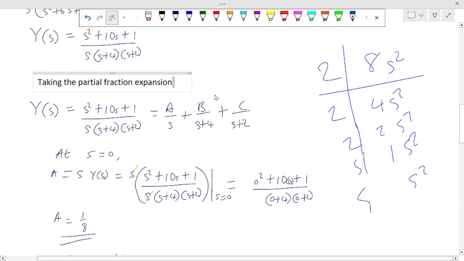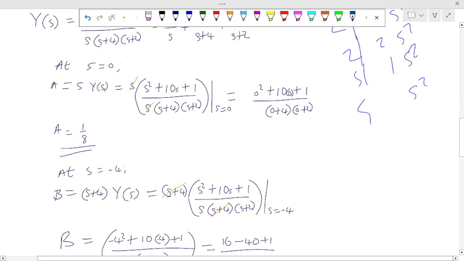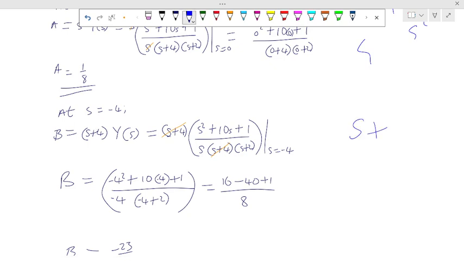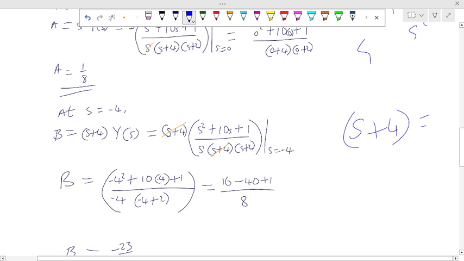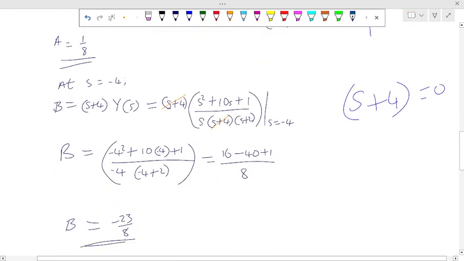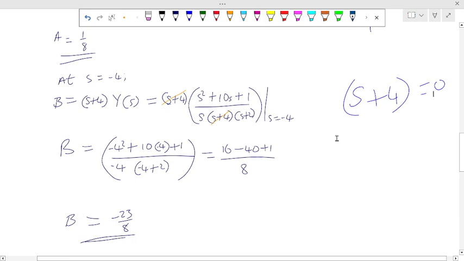Let's go to the next one, B. To know what B is, you see s plus 4 multiplied by what? Everything here. Turn the rest into 0. So look at the B part now. S plus 4 times y of s. Remember you are setting all of them to 0. Remember the first one, we had only s, right? So we just say s equal to 0. But this second one now, we have s plus 4 equal to 0.